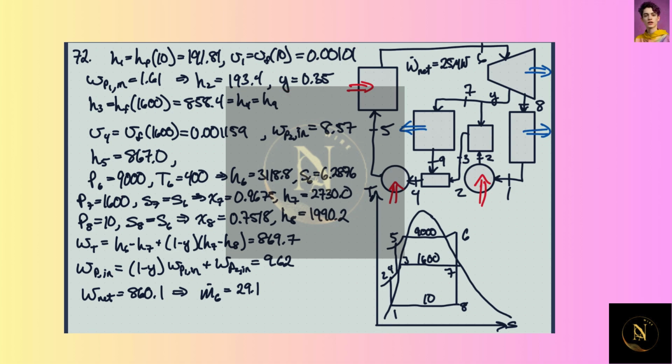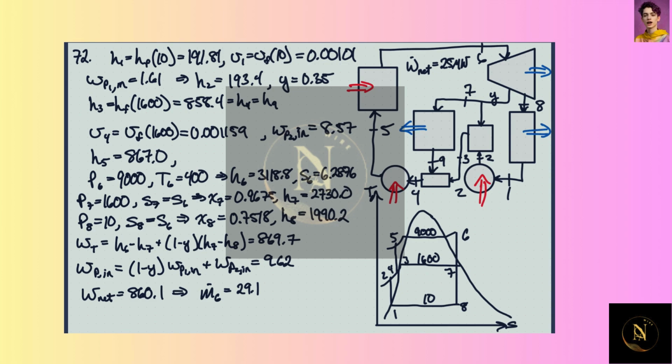We know, again, the flow rate, the percentage going through here. At 3, assuming we have a saturated liquid, we can get the enthalpy because we know the pressure. And that we're going to assume is also the enthalpy at 4, which is very close to being the same, and at 9 also.